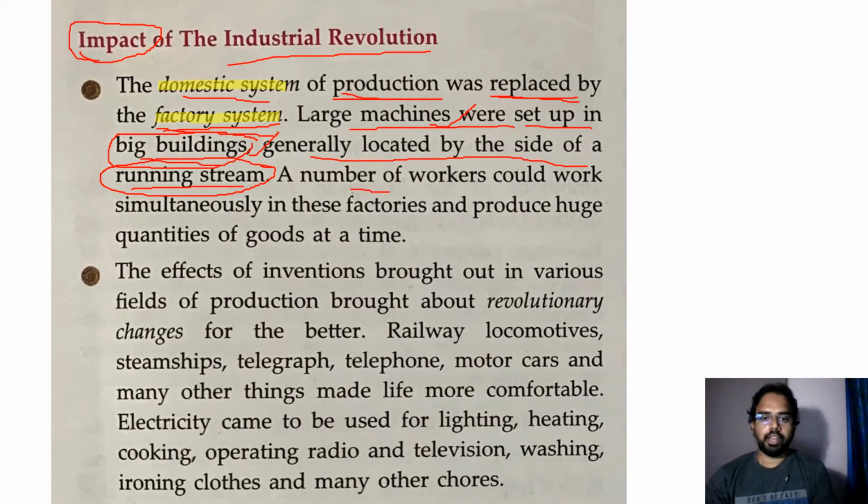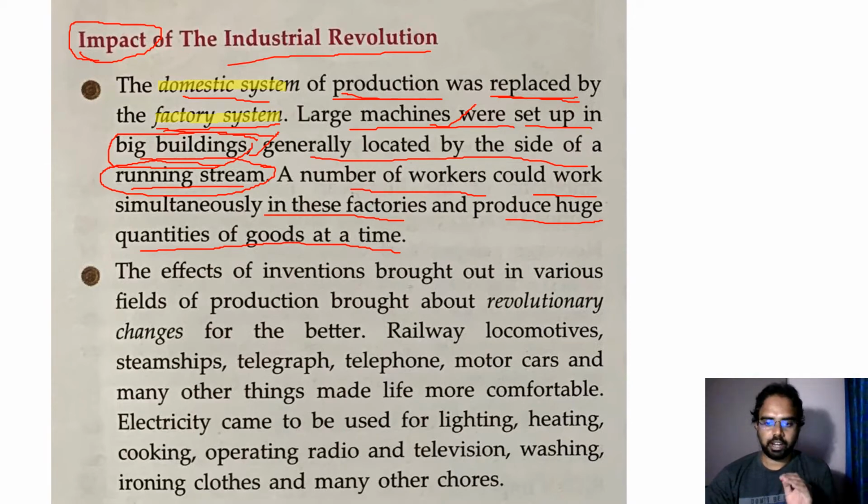A number of workers could work simultaneously in these factories and produce huge quantities of goods at a time. The factory system does not mean human labor was completely taken away; even to operate these machines, some human labor is required.